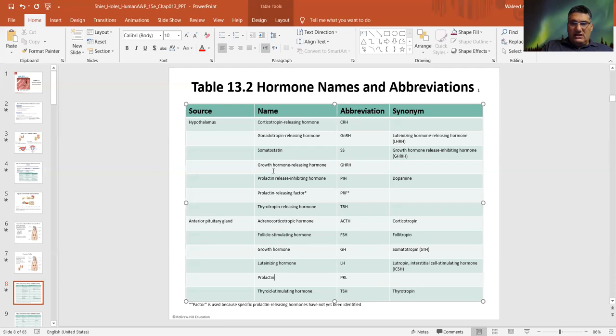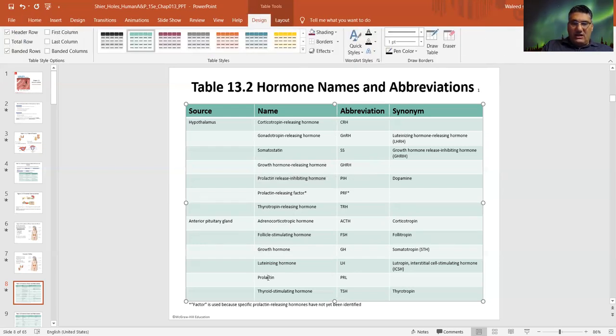Growth hormone releasing hormone that comes from the hypothalamus is going to stimulate the anterior pituitary to release growth hormone. Prolactin releasing hormone and prolactin inhibiting hormone, those two are going to control the secretion of prolactin from the pituitary gland. So this is what's going to tell the pituitary gland to secrete prolactin or not to secrete prolactin.